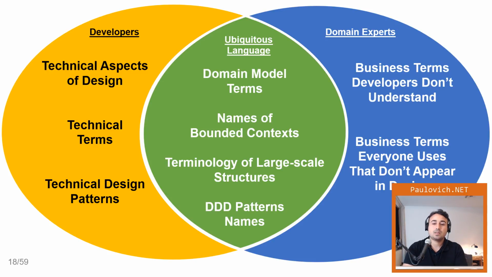So these other terms are not ubiquitous if they are not represented in the model. And we developers have a lot of knowledge of technical terms, technical design, and technical patterns that the domain experts do not need to know, right? So let's see.